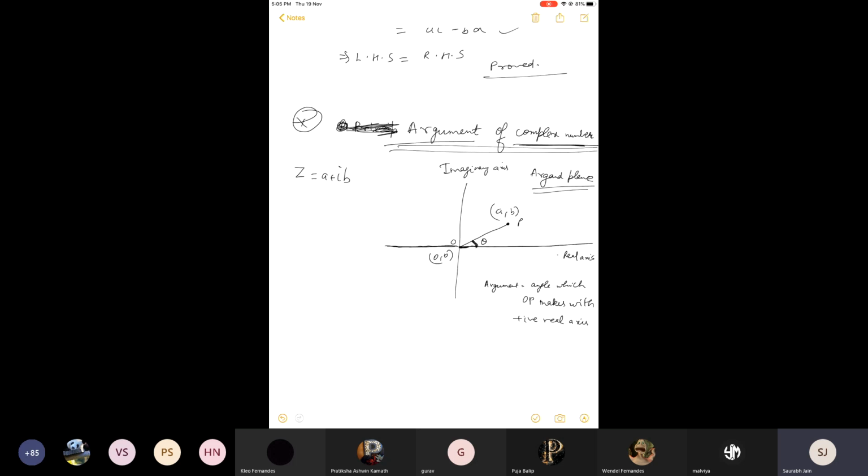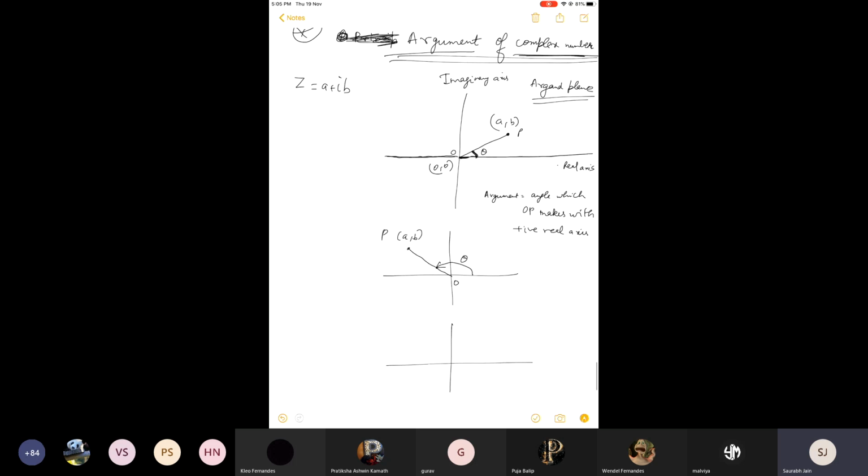Now actually what happens, based on the position of P, because P will not always be in the first quadrant, right? P can be here also. If you join this to the origin, then this will be your argument. If P is here, and you join it to O, then this will be your argument.